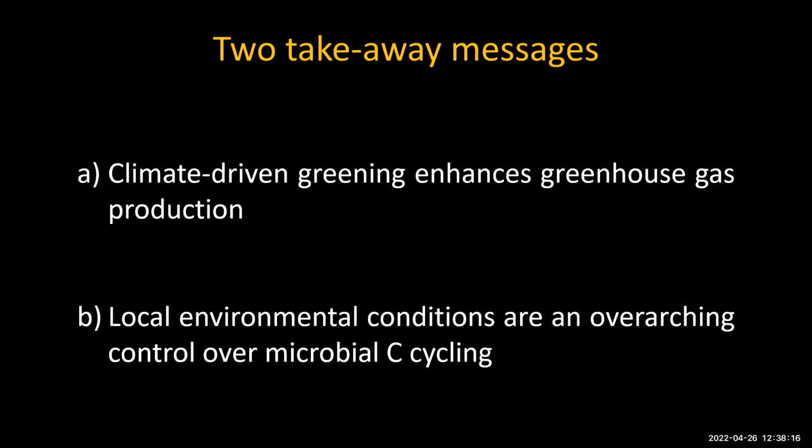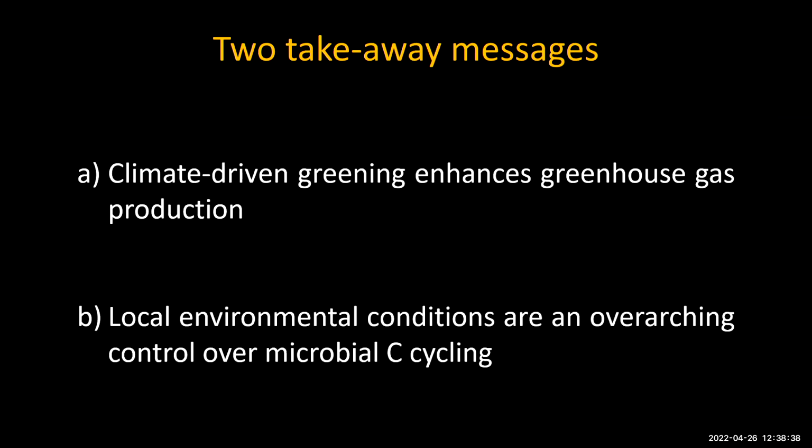So in other words, you can feed microbes the exact same meal. We've literally given them the exact same thing in different lakes, but their response depends on the local conditions, such as light or pre-existing carbon sources, at least in the very short term.